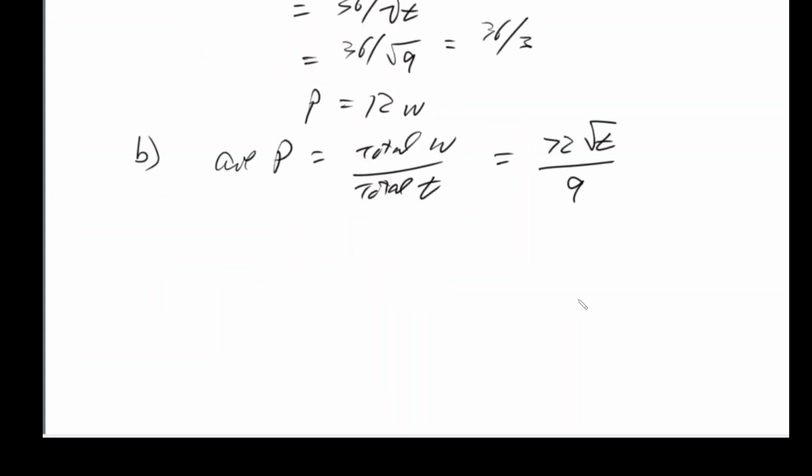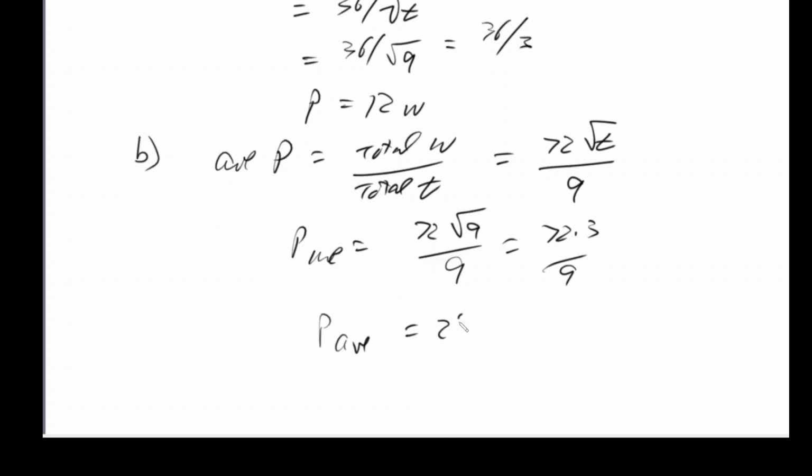And we then get the average power, because the time is 9 seconds, is 72 times the square root of 9 over 9, which is equal to 72 times 3 over 9, or the average power is equal to 24 watts.